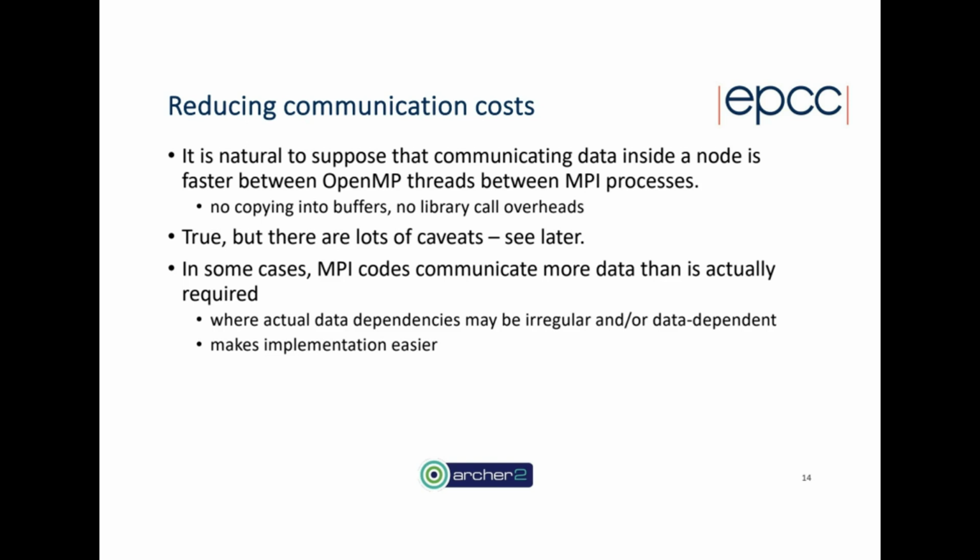So the data that you really need to communicate depends on some values of current variables, for example. I'll show an example of that in a minute. And simply communicating everything that your neighboring process might need, rather than trying to figure out exactly what it does need and communicating only that, is typically easier.